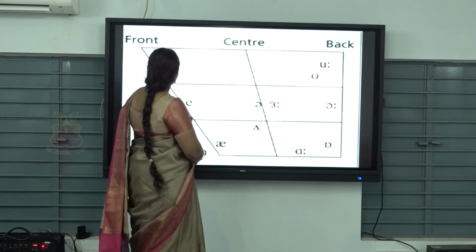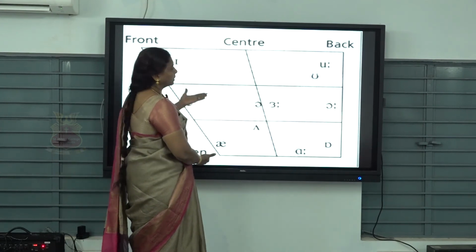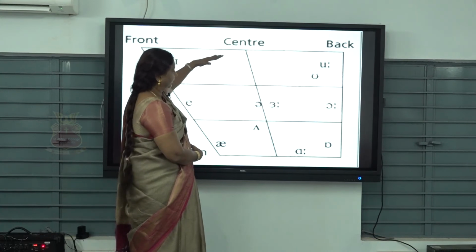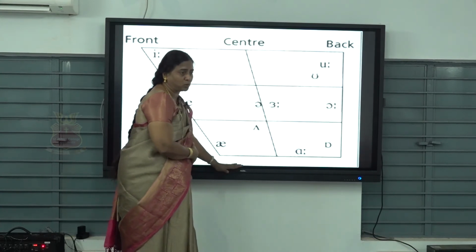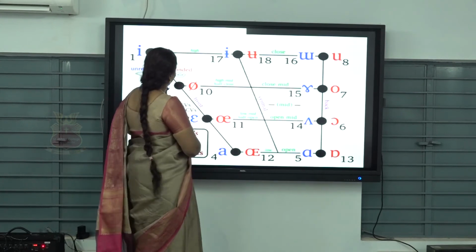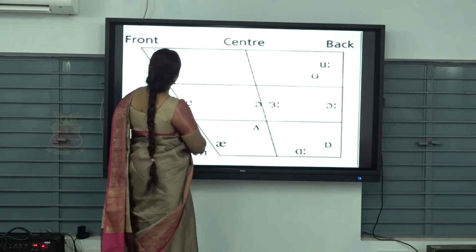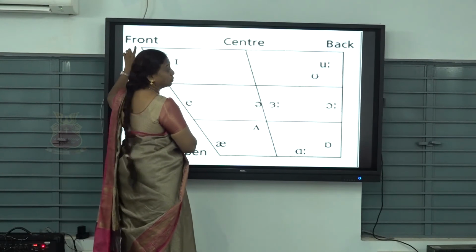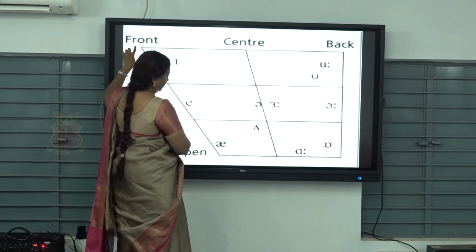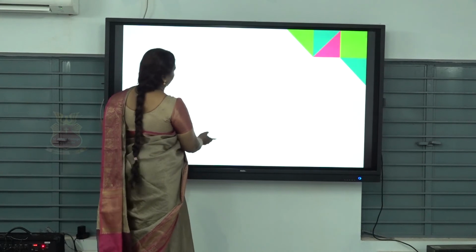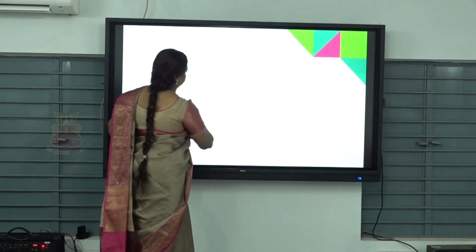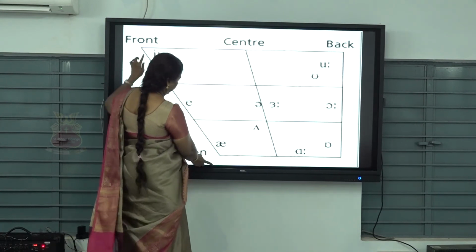Okay. And then the tongue goes as close as possible here, or it comes down as low as possible here. So we call this closed position. This is closed position. This is open position. Okay, this is open position.